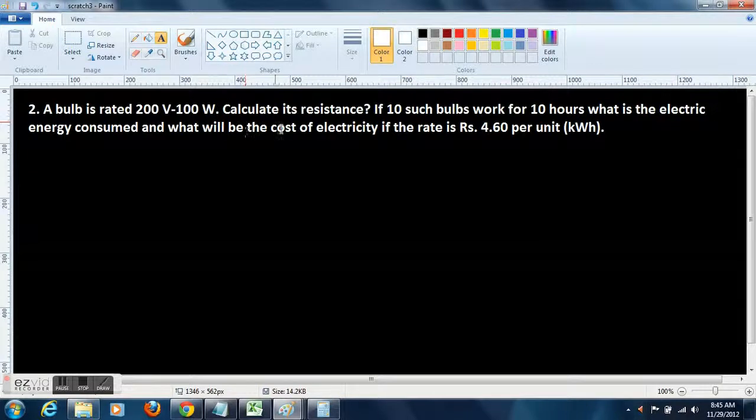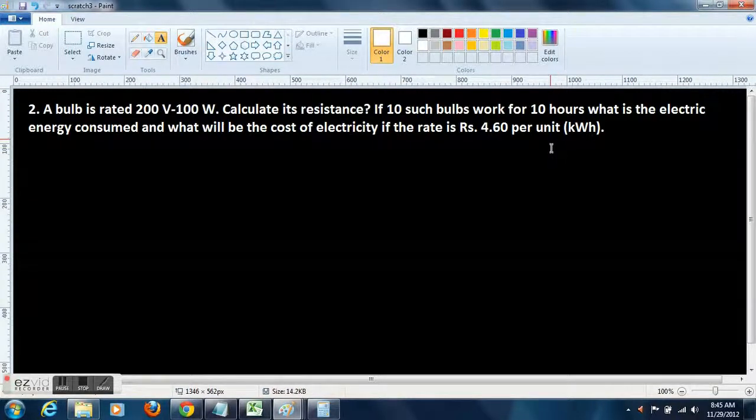Calculate its resistance. If 10 such bulbs work for 10 hours, what is the electric energy consumed? And what will be the cost of electricity if the rate is rupees 460 per unit? 1 unit means 1 kilowatt hour.